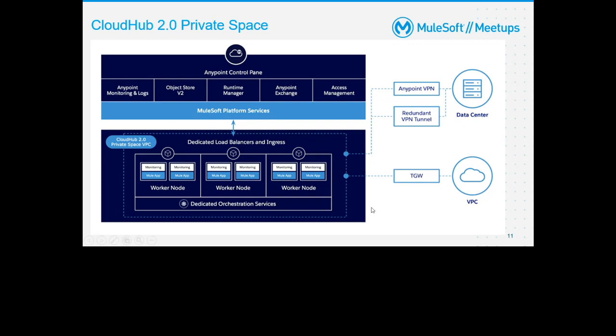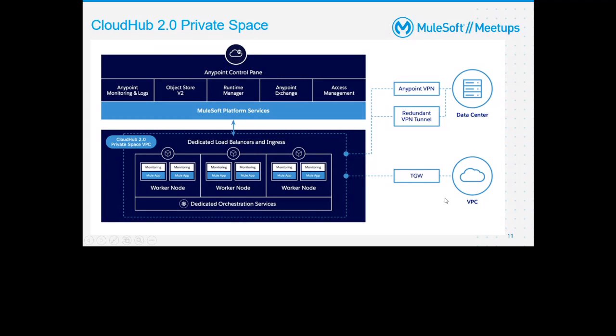For example, a client wants to access the application deployed on the private space. We can connect with the ingress load balancer. The application is connected with the ingress load balancer, which will redirect to the load balancer of the Mule applications. And if the client wants to access resources from on-premise data centers where I have a few databases, then I have to set up the VPN IPsec tunneling between CloudHub 2.0 and the on-premise data centers.